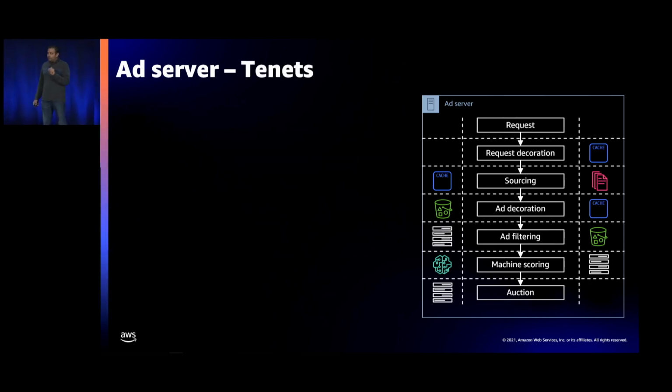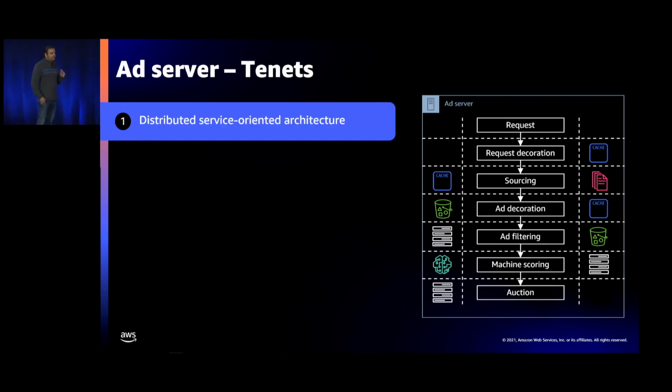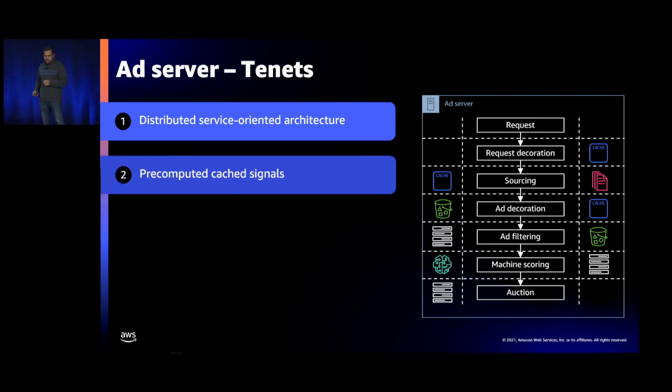As the tenets of improving the system, we said that we want to go distributed, service-oriented architecture. What we were eyeing for was that each individual component should be able to innovate independently. We should not be boxed in a box. The next was we wanted to pre-compute a lot. We did not want more and more to happen in real time.